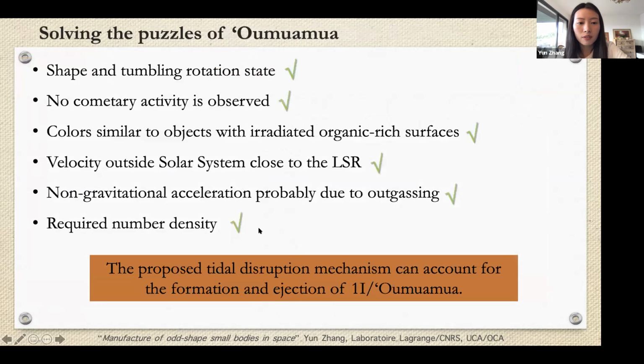Therefore, the number density of interstellar objects produced by the tidal disruption scenario can well account for the detection of Oumuamua. So in effect, our result offers a viable solution based on all this evidence. The alien spaceship proposition is not necessarily required.